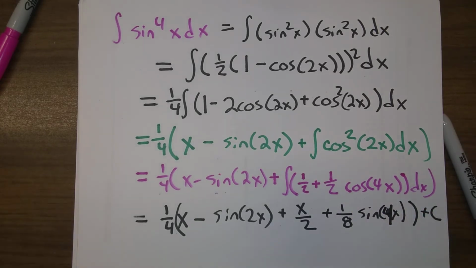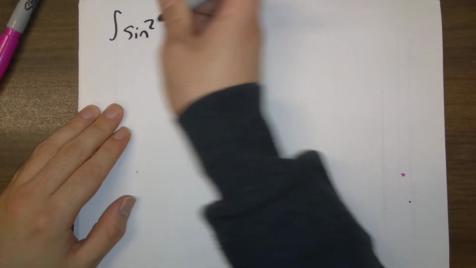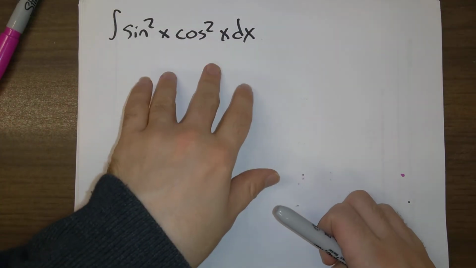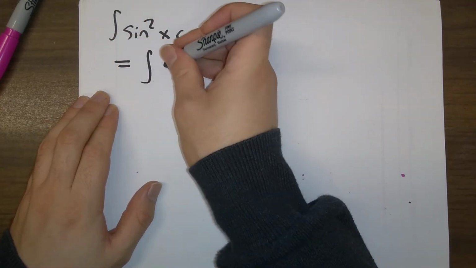Let's summarize what we did in these videos. We now know how to integrate even powers of sines. A next step, which I'm not going to do in this video: if we had sine squared x times cosine squared x dx, our first step would be to replace, oh, you know what, this is not bad.